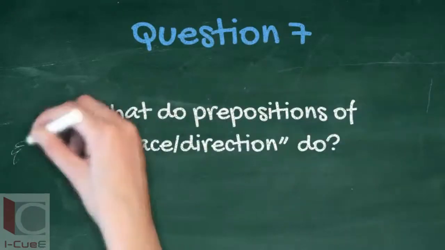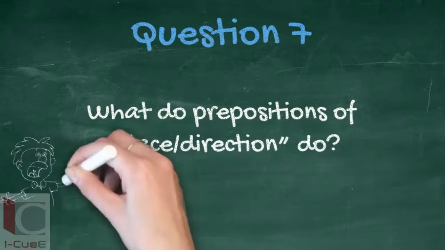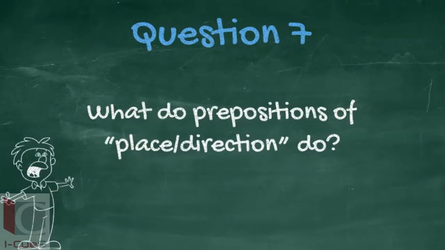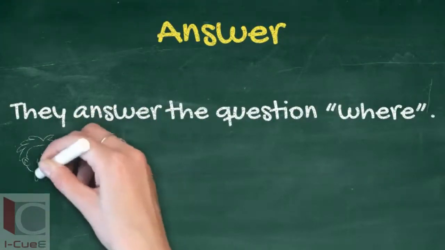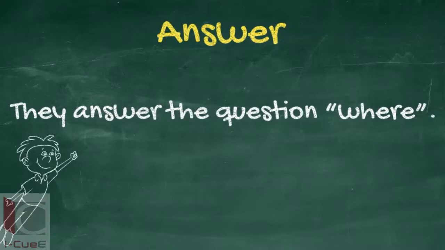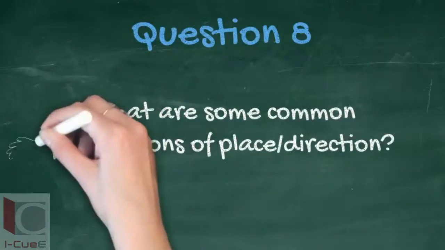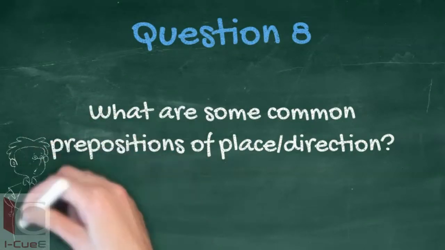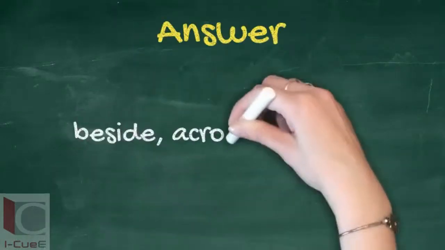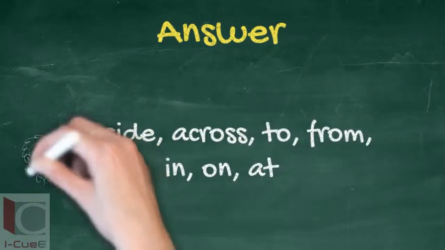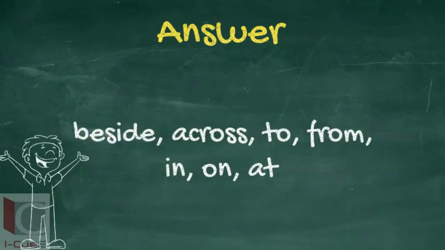What do prepositions of place, direction do? They answer the question, where. What are some common prepositions of place, direction? Beside, across, to, from, in, on, at.